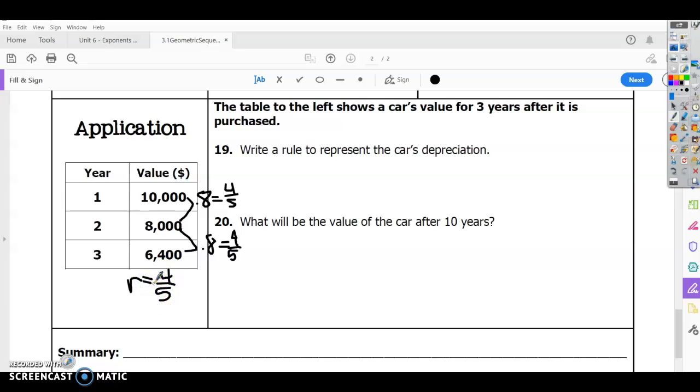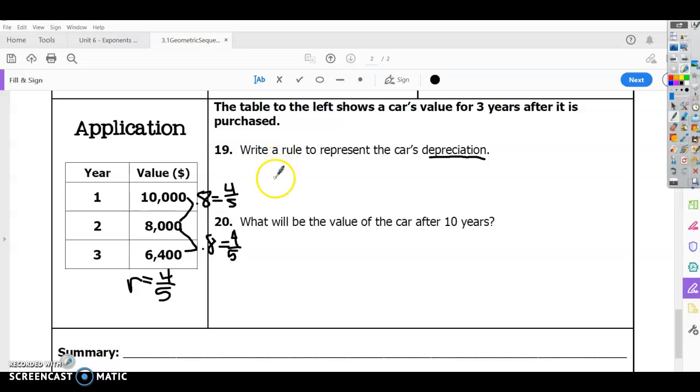If you remember when we talked about exponential growth and decay, we can tell that this is depreciation because this number is less than 1. These are just a version of exponential functions. 4/5 is less than 1, which means it's exponential decay instead of growth. So let's look at our function.